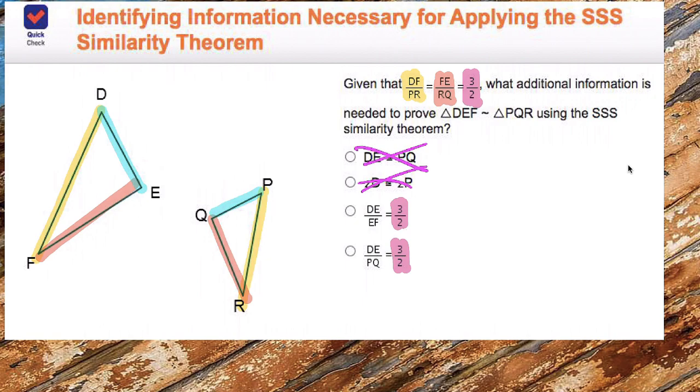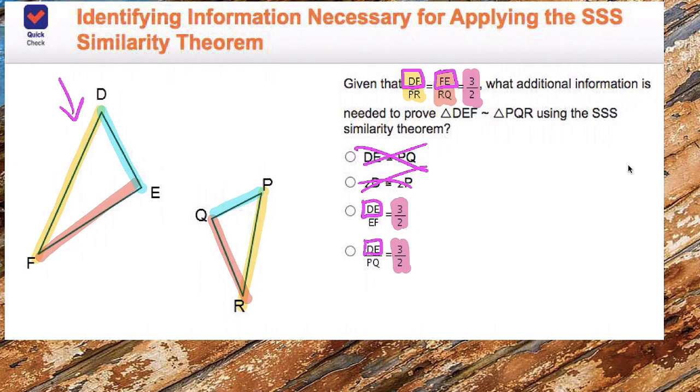Since in each proportion the top segment came from the triangle on the left side, we need the top segment to come from the triangle on the left side as well. They both have DE, so that's just one thing to think about in our thought process.